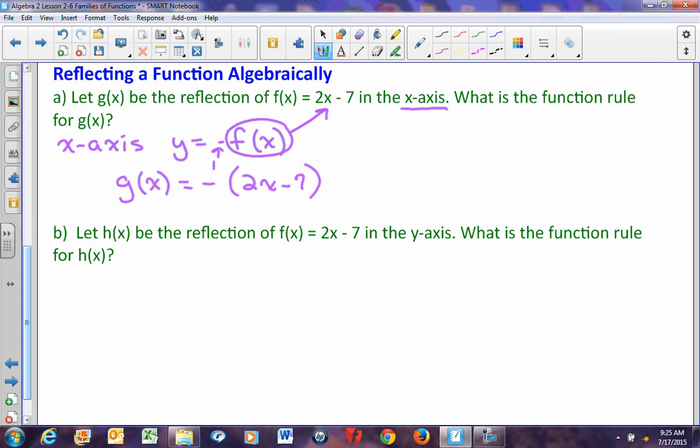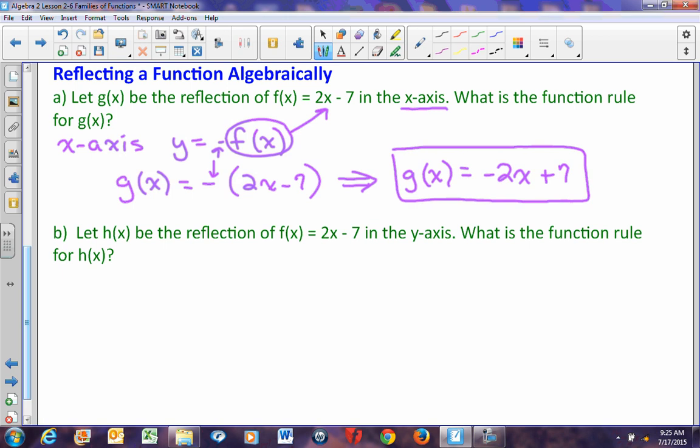So that's what I did down here. Now I run that negative through, so g of x will equal negative 2x plus 7. And that's the reflection of f of x equals 2x minus 7 in the x-axis. That's going to reflect it across the x-axis.